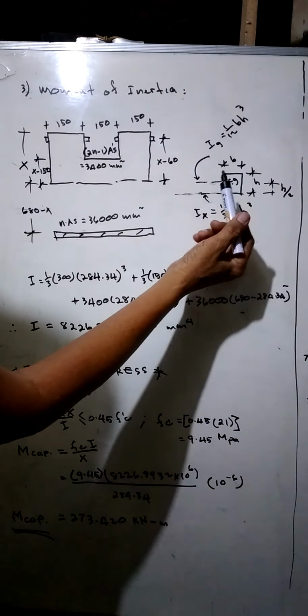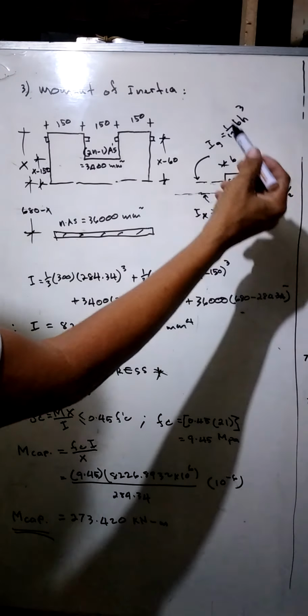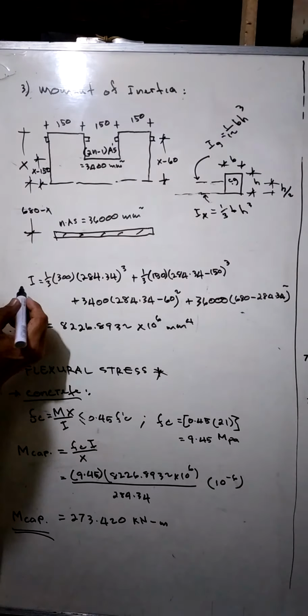And the moment of inertia at the center of gravity is 1/12 bh cubed. So computing that, we are going to compute.